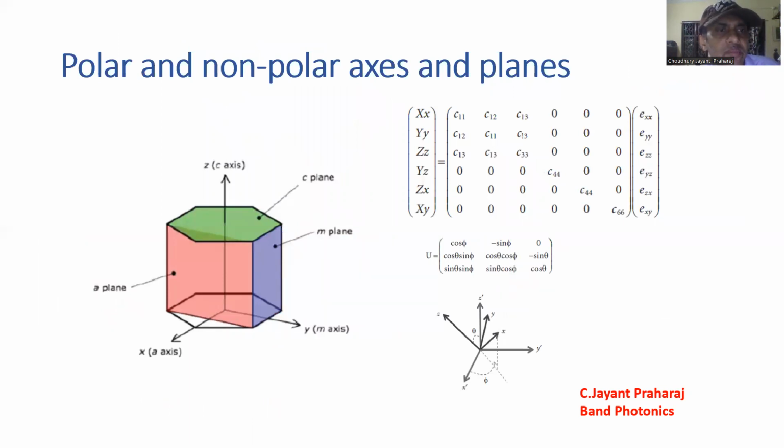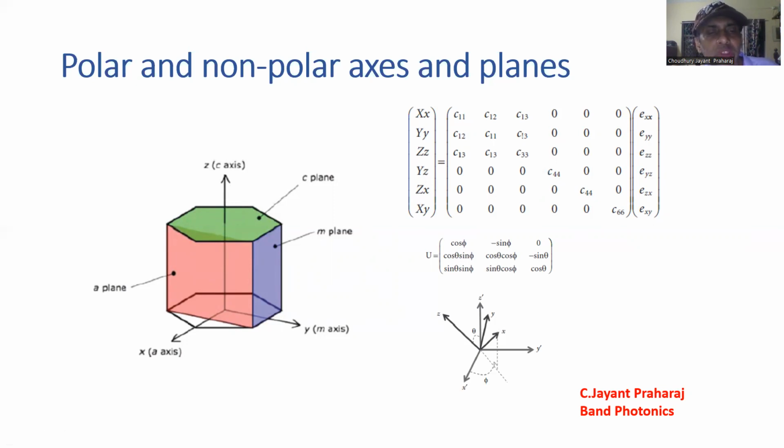Here we show some details about polar and non-polar axis and planes. So even in these wurtzite materials, we have the so-called C-axis, and if we have growth along the C-axis or along the 0001 axis, as we say, we get this spontaneous and piezoelectric polarization. But then there are these non-polar axes, or these A planes and the M planes that are shown here, which are perpendicular to the C planes.